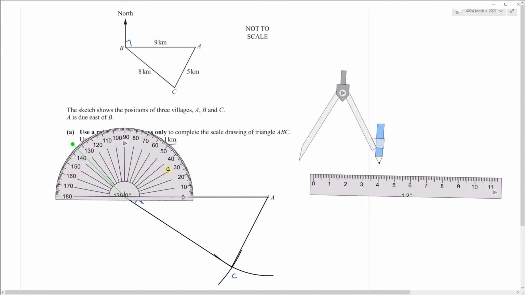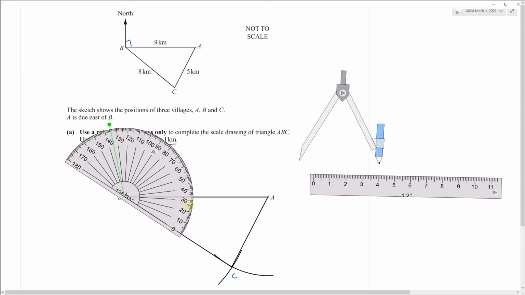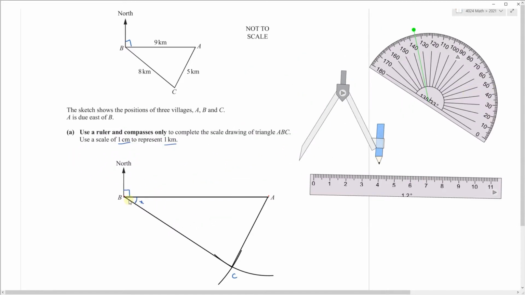Place my protractor here. This is 0. So this is almost 30, 31, 32, and 33 degrees. So this angle here is 33 degrees, and the bearing of C from B will be 90 plus 33.